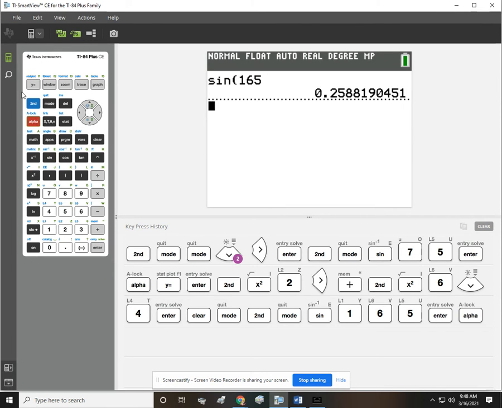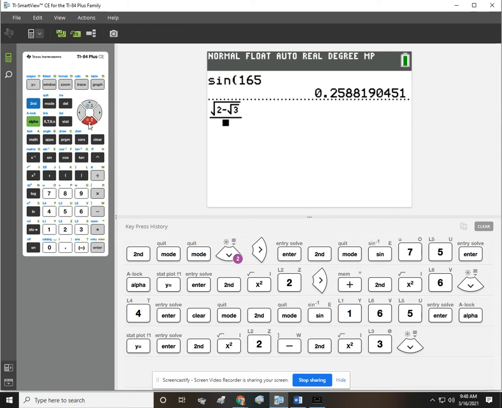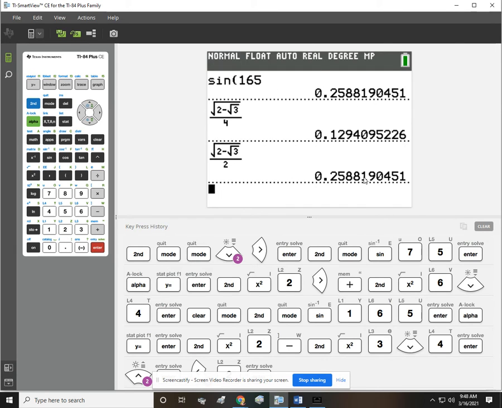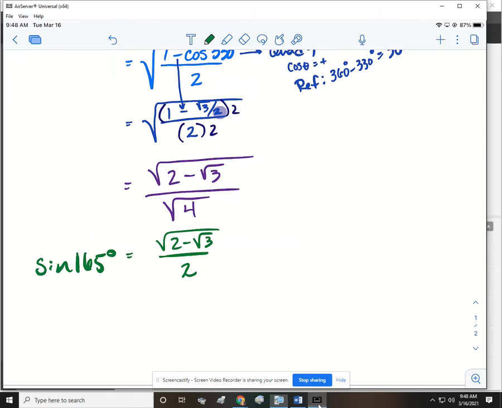And then if I type in the answer, oh, I typed that in wrong, sorry. It should be over 2. All right, I get that same ugly decimal. Now, that square root under a square root always makes students nervous, but there's nothing we can do about that. That is the answer. There's no rule that tells you you can't have a square root under a square root. So it's fine.